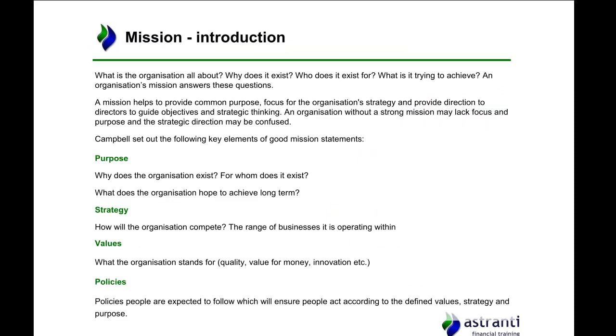And as I'm sure you're aware by now, a mission statement is what the organisation is all about. Why does the organisation exist? Who does it exist for? What is it trying to achieve? And a good mission statement should answer these questions. And the best model to analyse mission statements is that of Campbell, which analyses the purpose, strategy, values and policies of an organisation.